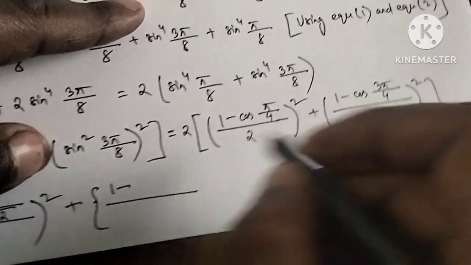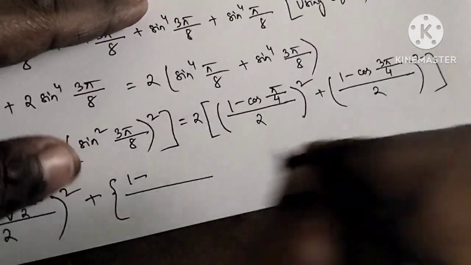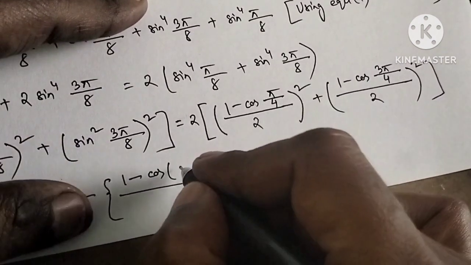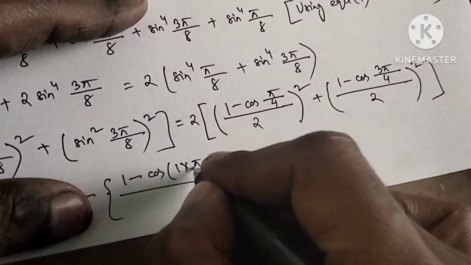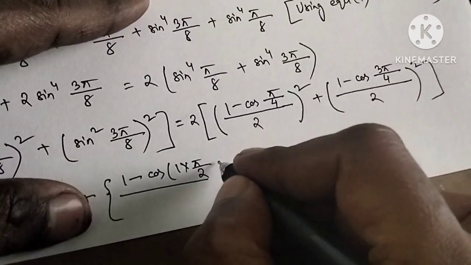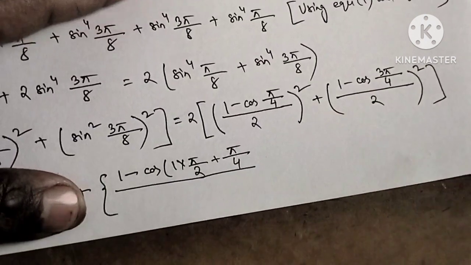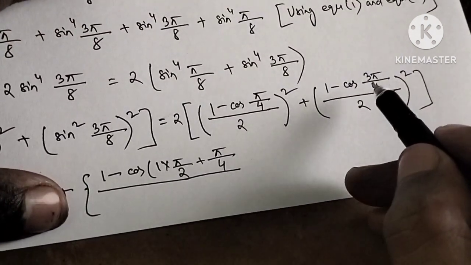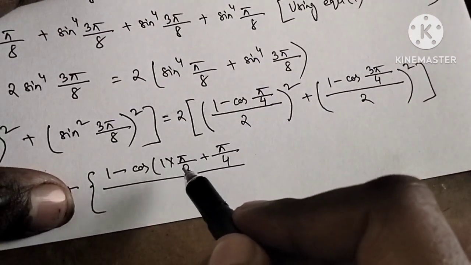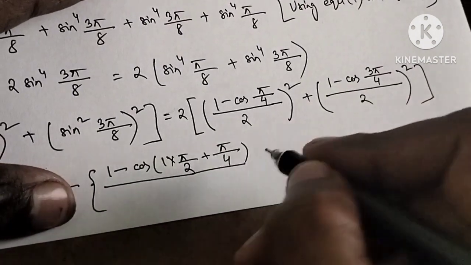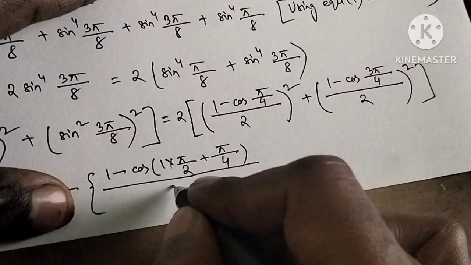minus cos 3 pi by 4 can be written as cos 1 into pi by 2 plus pi by 4. Cos 3 pi by 4 can be written in this way, 1 into pi by 2 plus pi by 4, by 2.